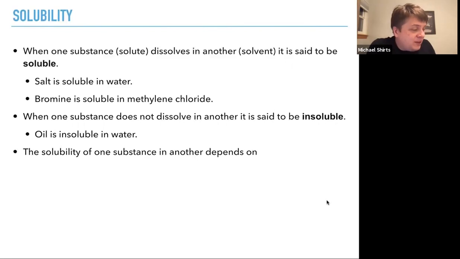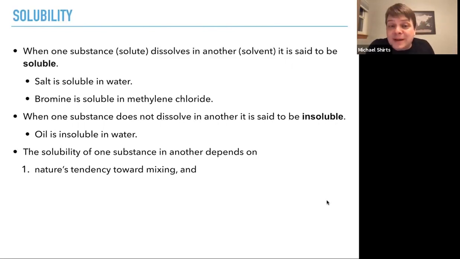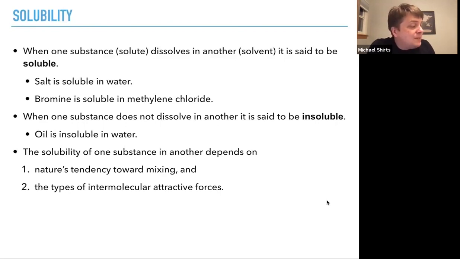The solubility of one substance in another depends on nature's tendency towards mixing, but also the types of intermolecular attractive forces. So those are the two driving forces. There's an energetic force that can either drive towards mixing or away from mixing, right? In oil and water, it's driving away from mixing. And then there's nature's tendency towards mixing.